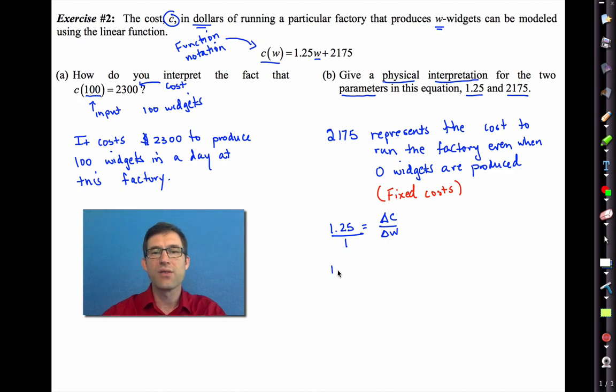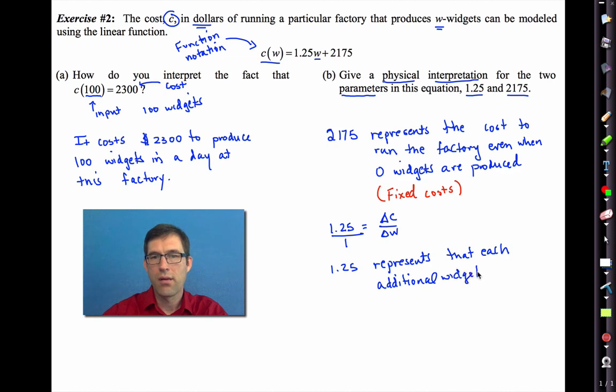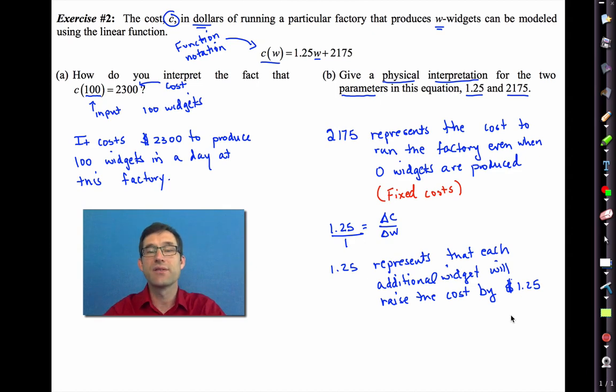So what this represents, the 1.25, represents that each additional widget will raise the cost by $1.25.